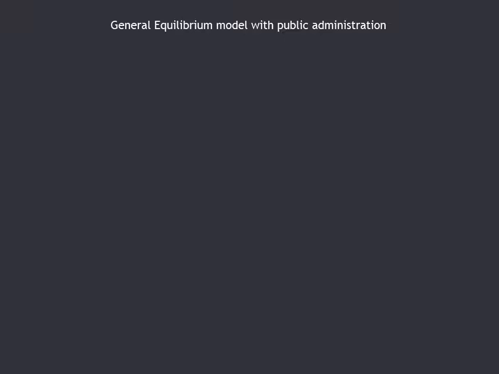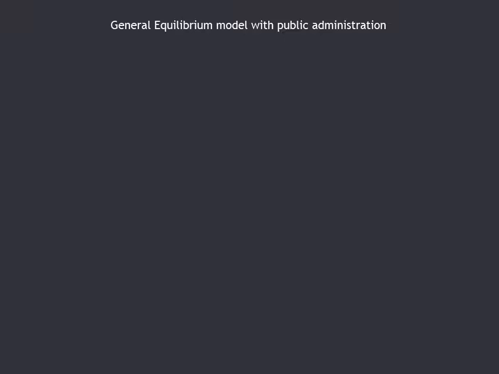So it remains that we still have to determine the level of total public expense. It is not determined until now. And we also have to understand how the government's budget affects the financial equilibrium in the economy. It's a key issue that we have not looked at until now.